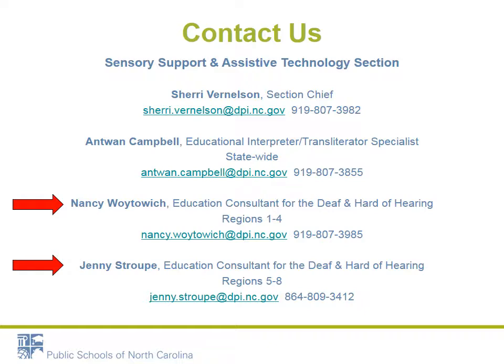For assistance from the Sensory Support and Assistive Technology section in general, all of our contact information is listed on this slide. You can also find this information on our EC Division's website.